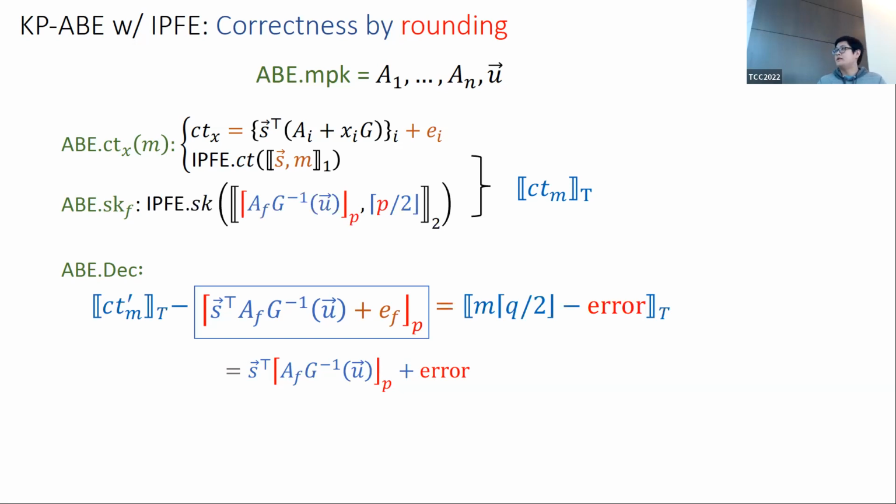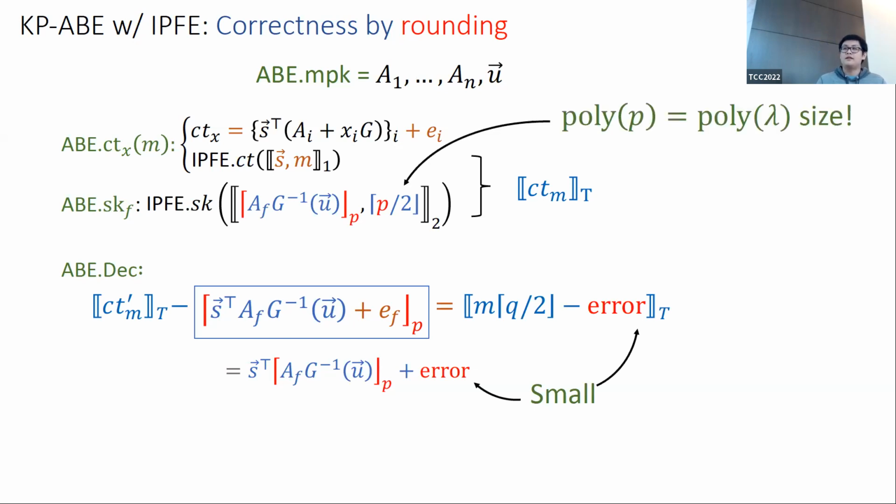And what we get is M minus the small error terms in the exponent instead. Since the error terms have small magnitude, we can now compute discrete logarithm efficiently. And this gives us a correct ABE scheme. Note that the rounded modulus P is also small, hence we have constant size secret keys.